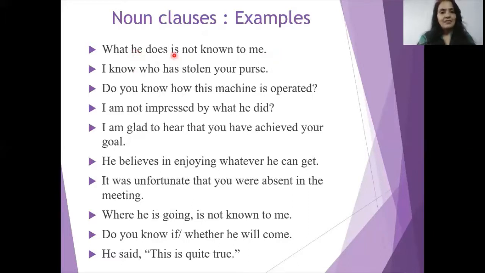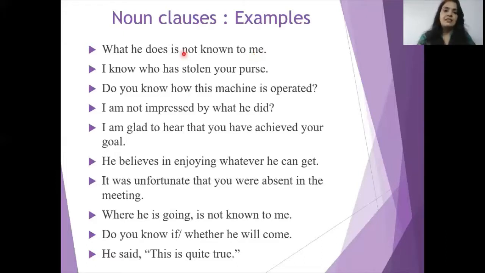What he does is not giving any sense. You can feel that a few more words are needed to make it complete. It means this is a dependent clause. It is not known to me is the principal clause. And here we can put the question: what is not known to me?